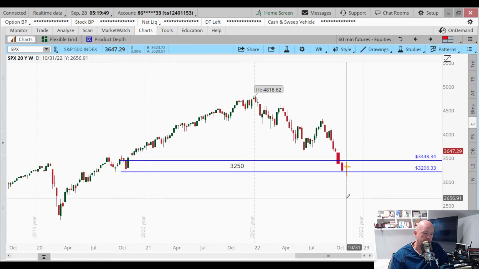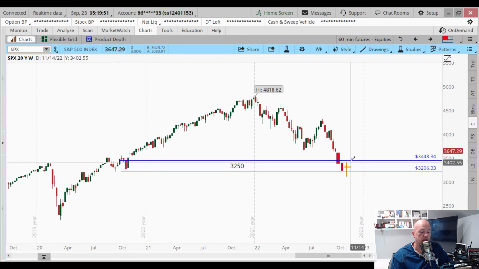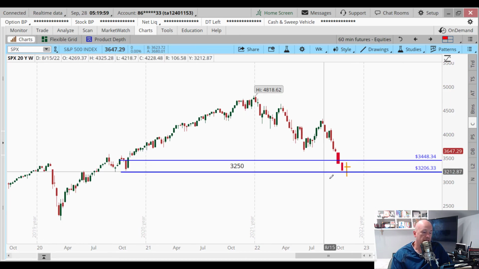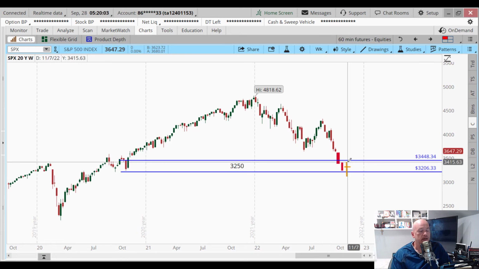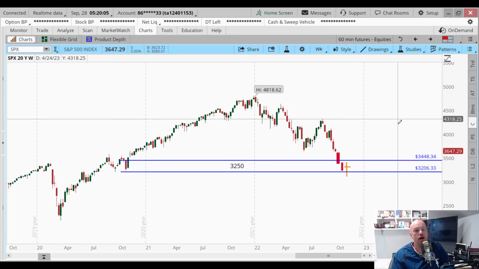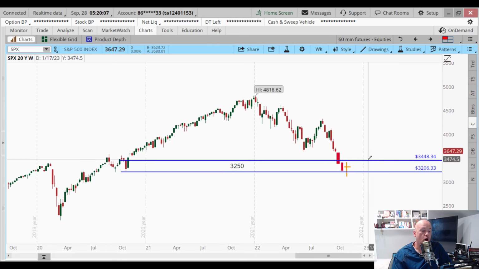And if I get a dragonfly doji in this area, I would look for a long above that candlestick's high, and my stop's going to go below the low of that candlestick, which means that I can take opportunities for long entries with very small exposure and risk. And that is how you get back into a big move up very early in.